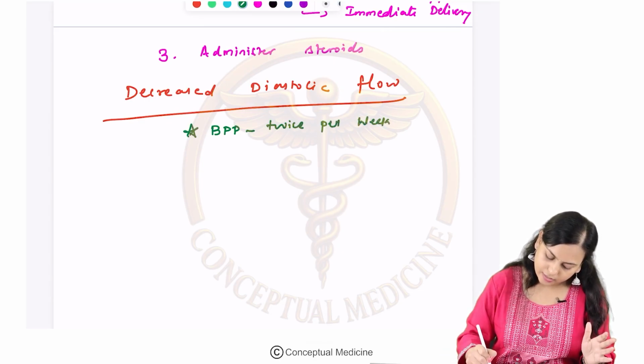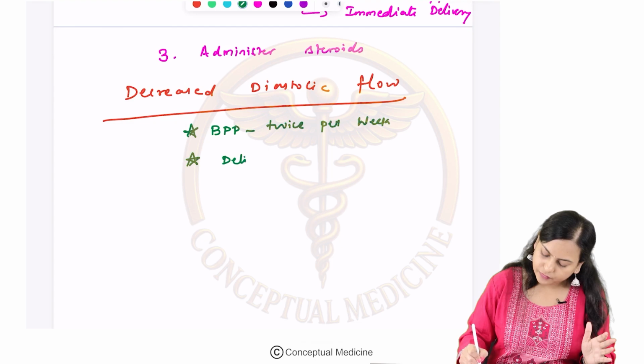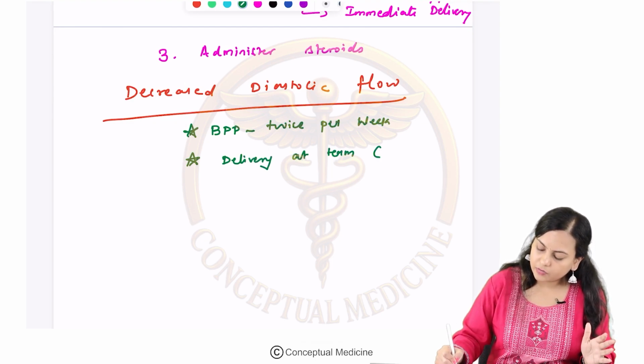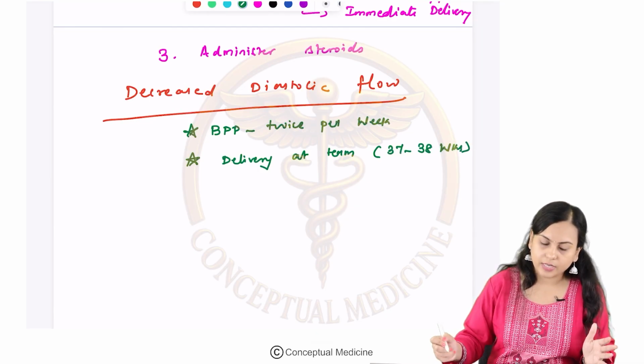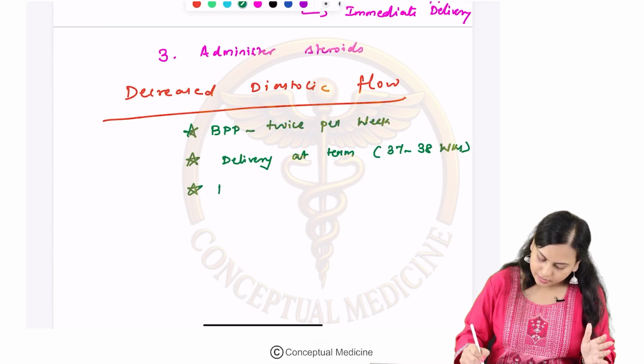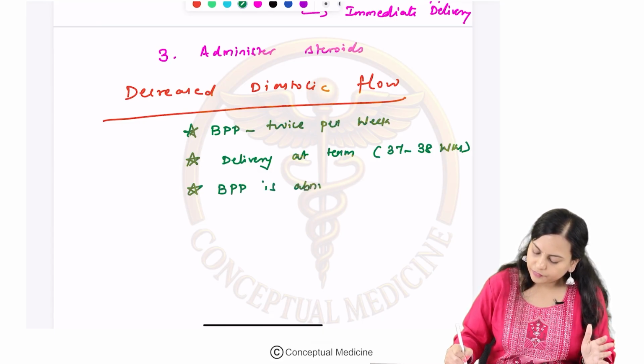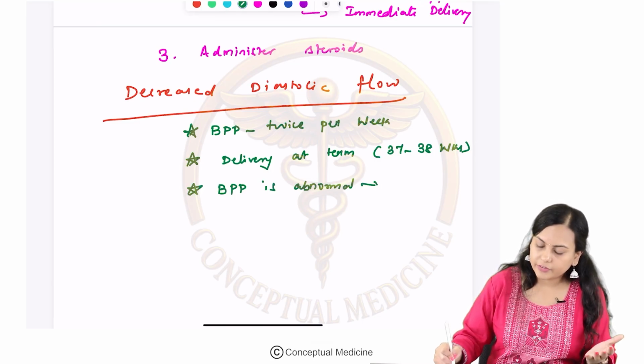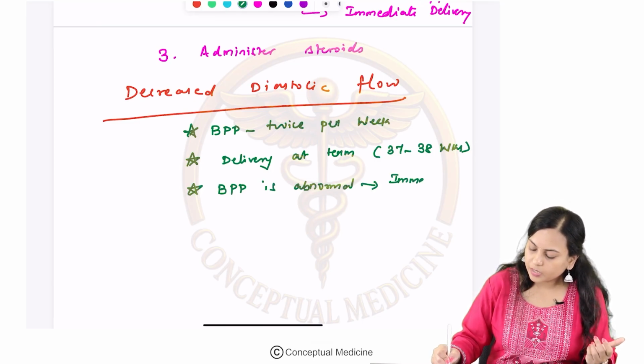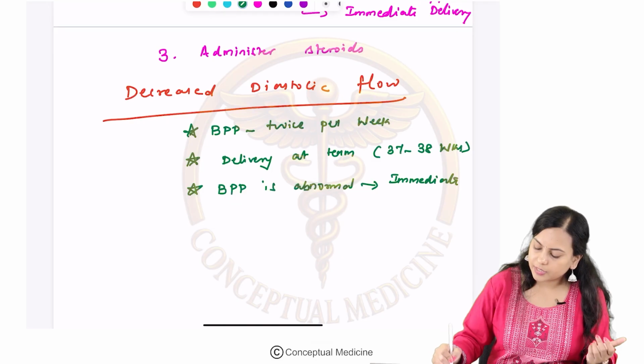Then, you have to deliver the baby at term, around 37 to 38 weeks. And if the biophysical profile is abnormal, definitely you will be going for immediate termination of the pregnancy, that is, immediate delivery. Clear?